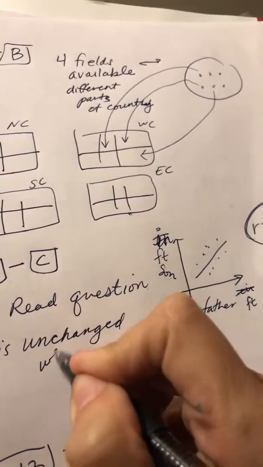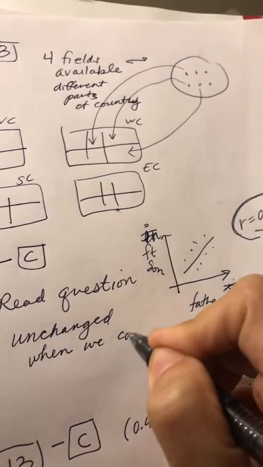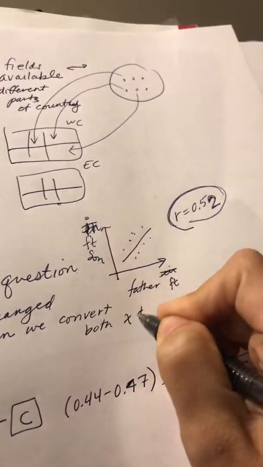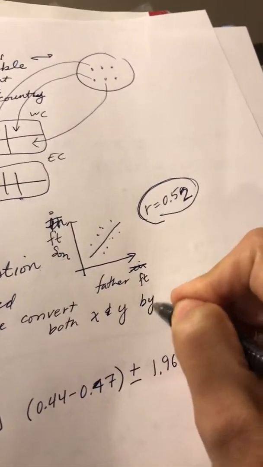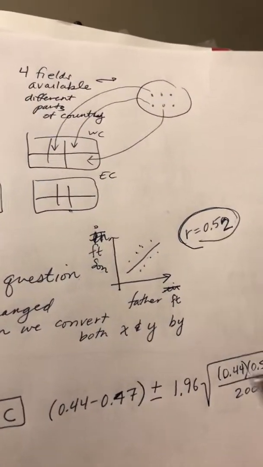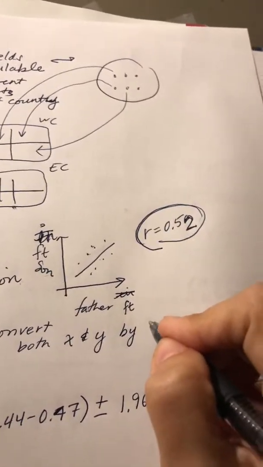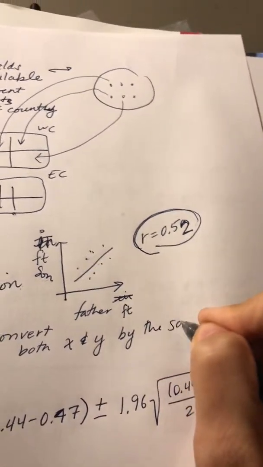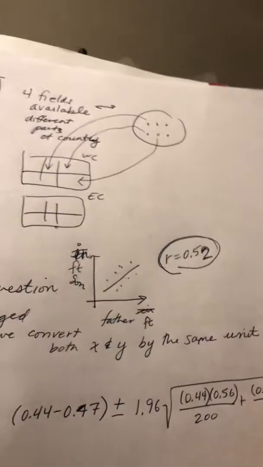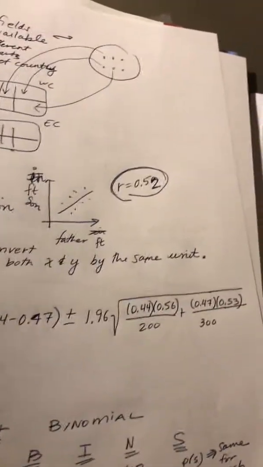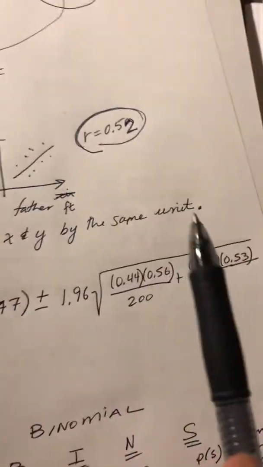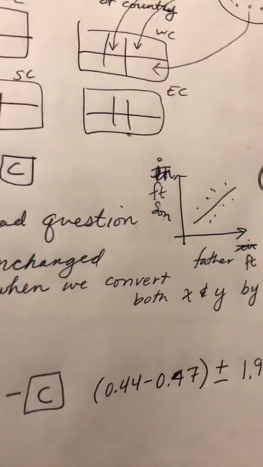R is unchanged when we convert both X and Y by the same units. Okay, hopefully this would make sense. Another typical example would be when you convert, if these two were Celsius or something, and then we convert them to Fahrenheit.